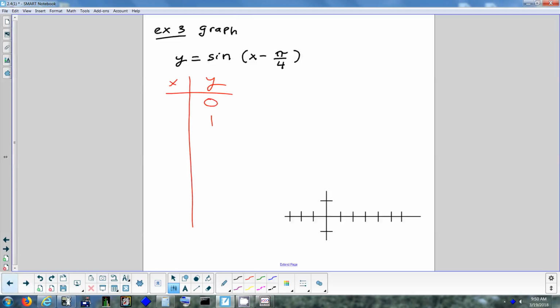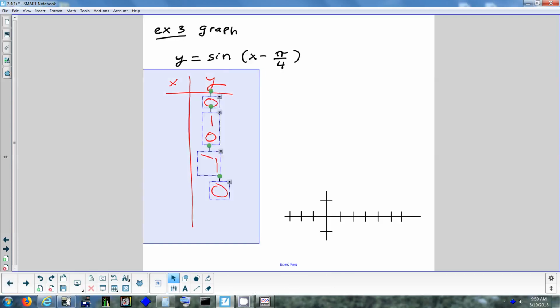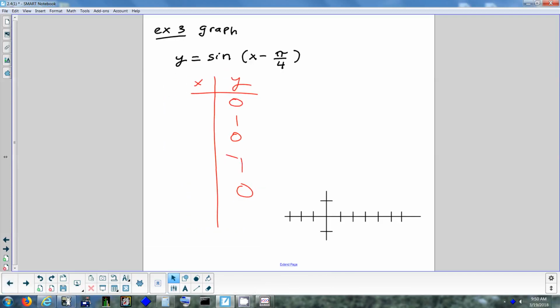Y's stay the same. x's. I'm going to take 0, pi over 2, pi, 3 pi over 2, 2 pi.